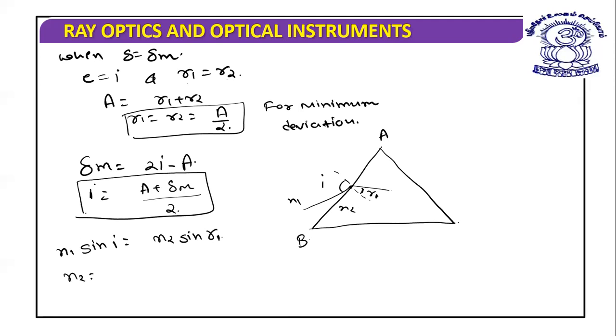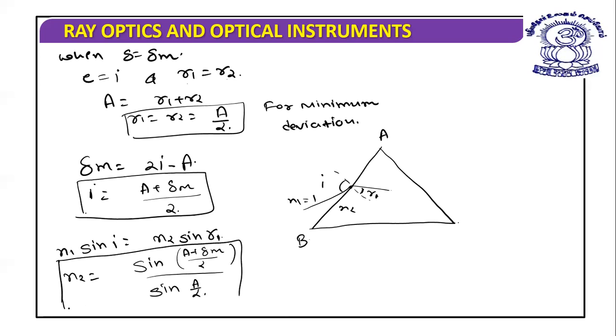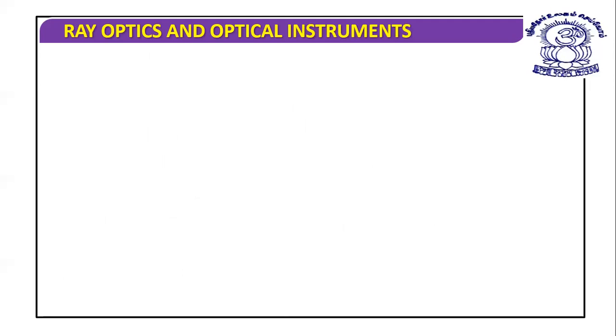If light is incident from air, then N1 is equal to 1 for air. So N2 can be written as sine I, which can be replaced by (A plus minimum deviation) by 2, divided by sine of R1, but R1 is A by 2. So this is the formula for the refractive index of a prism that we can find when deviation is minimum.